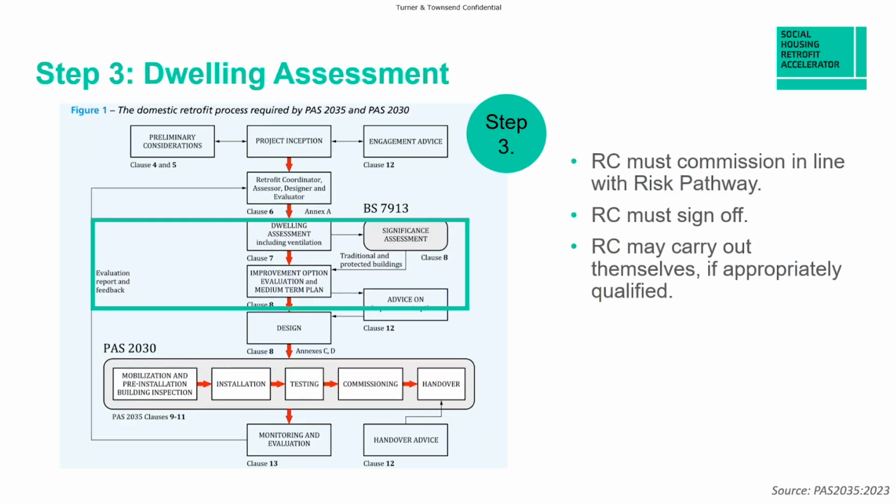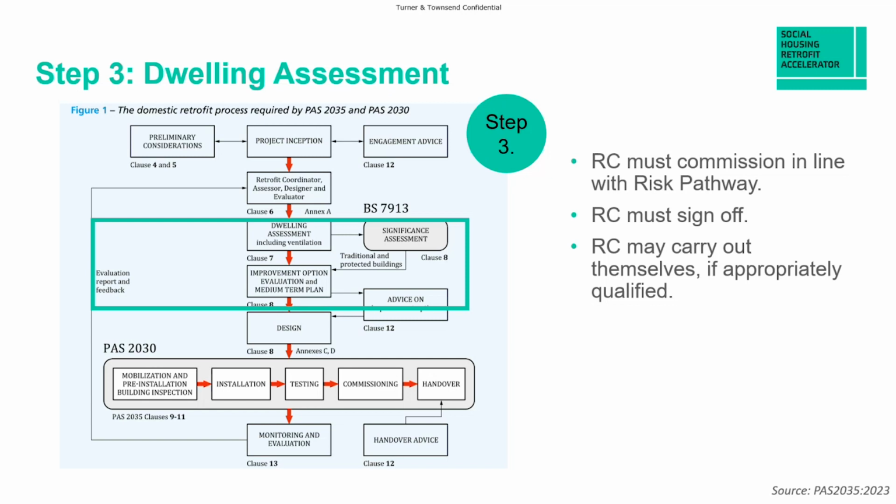Okay, so here we've got the dwelling assessment, and this is when we go out to site, we do the retrofit assessment. The retrofit coordinator should commission the retrofit assessor in line with the dwelling risk pathway. Now, we've done away with A and C, so what is the risk pathway here? I would say, is it a heritage building? That is one of them.